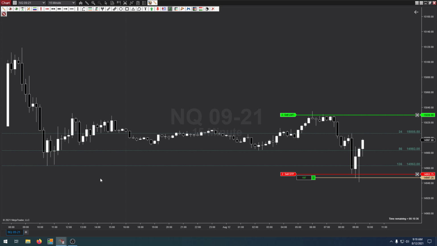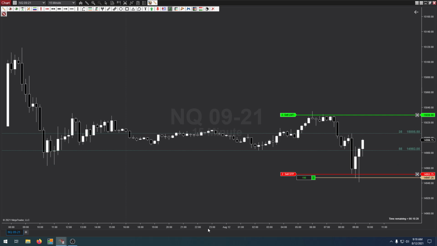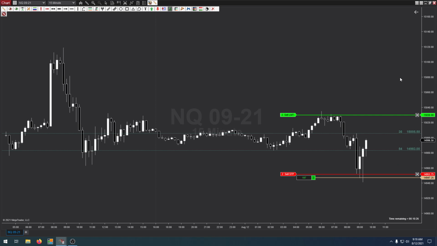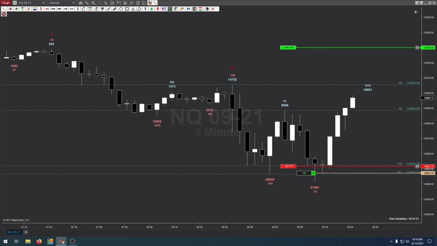See where these levels here are. Right there. Get that out of the way. 3 minute, we're back at it. See, we need to go after this high right here. I'm not sure if I'm going to leave it up here at the overnight trading high.